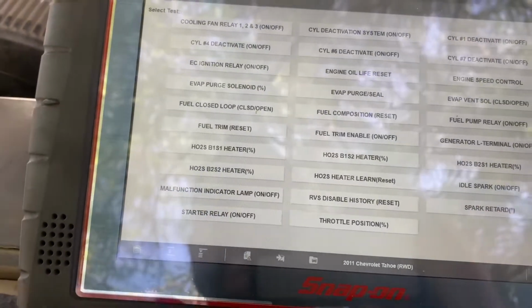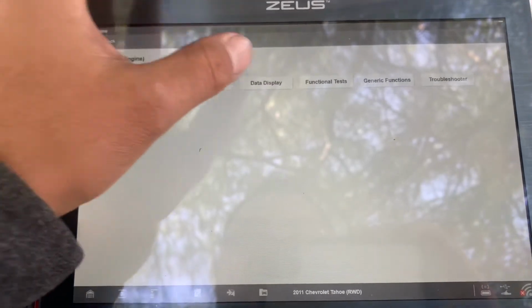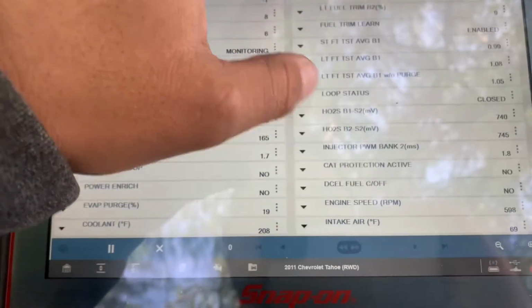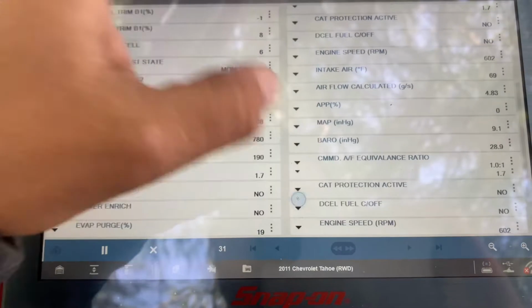And once you reset that, it went from 78% to 3%.